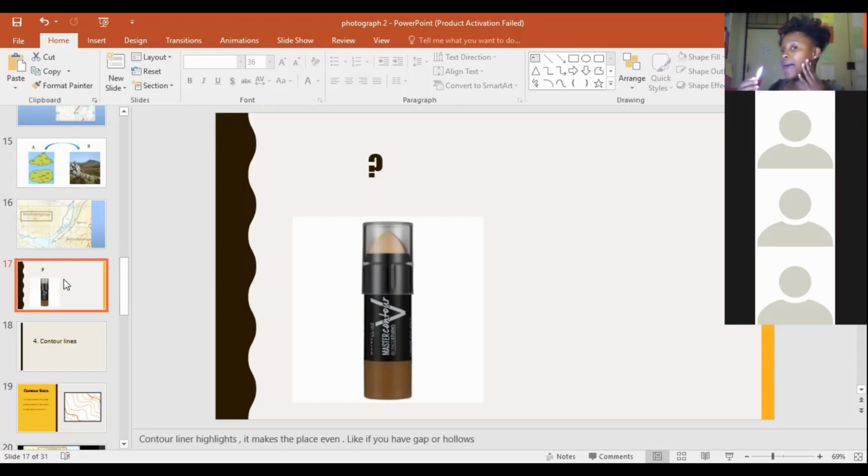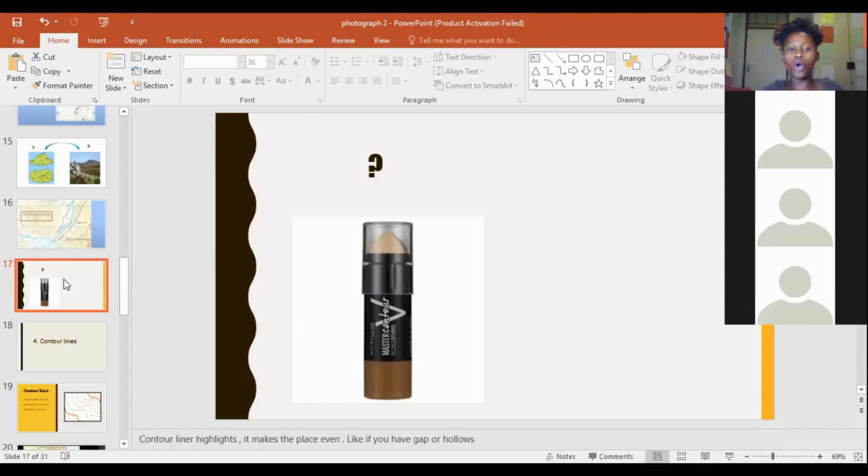Now our hollow part is here. I hope you won't forget this. So I highlighted my hollow part and my concave part. So it highlights your face to show the elevation of your face.